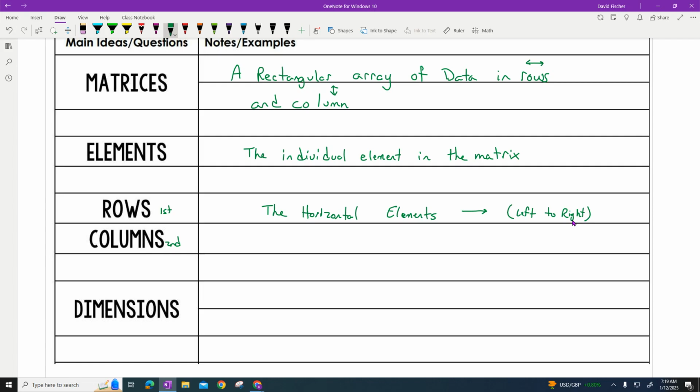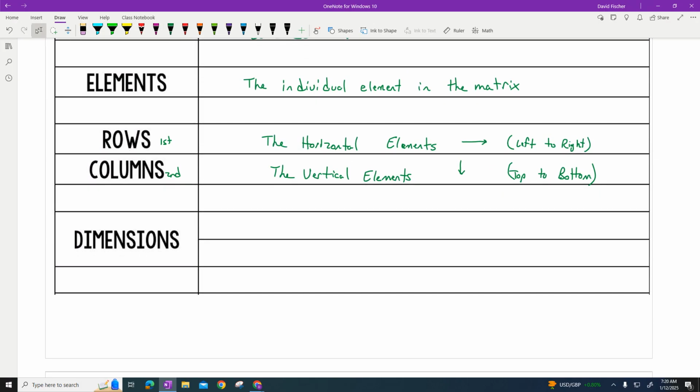Columns are the vertical elements, and they are read from top to bottom. Okay, a couple more and then we'll look at our first matrix.